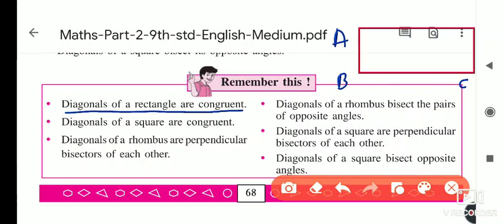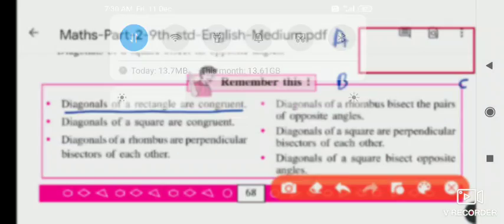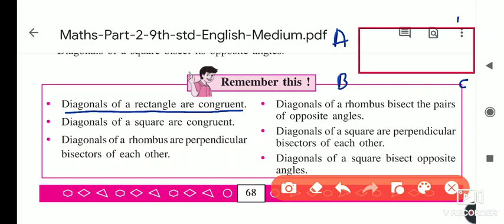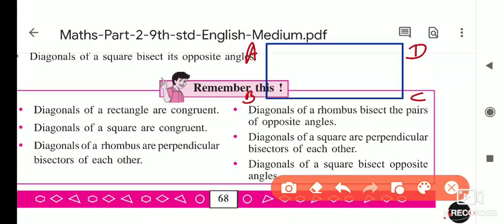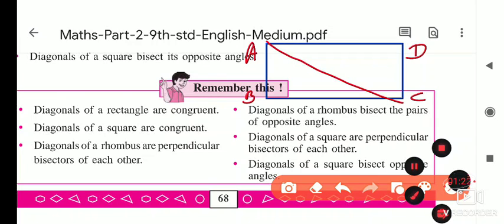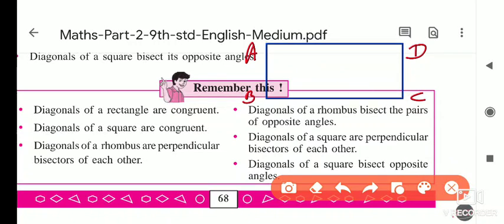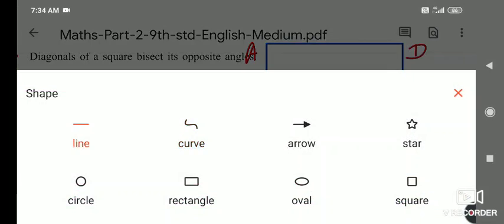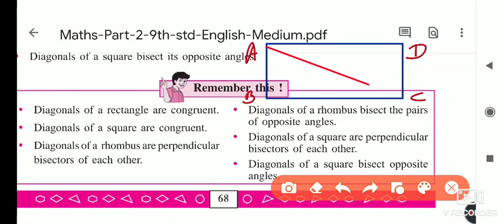ABC, and here it is D. So here it is rectangle ABCD, and its diagonals are AC and BD.